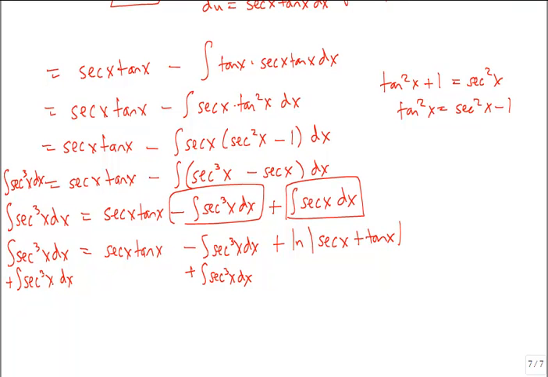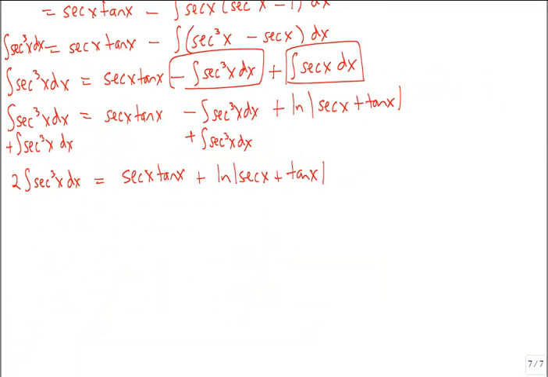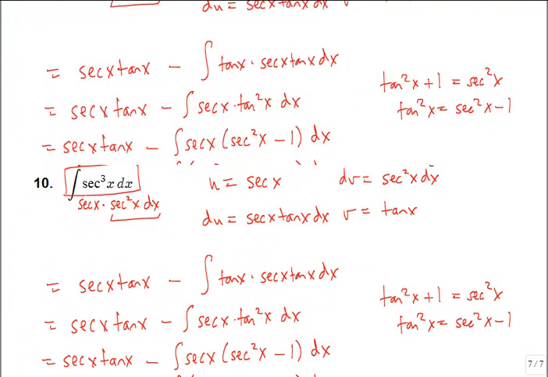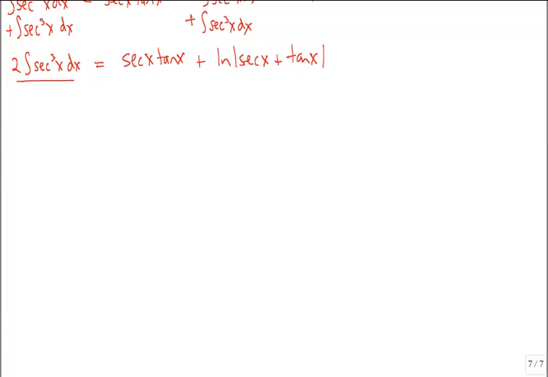So the integral of secant cubed plus the integral of secant cubed is 2 times the integral of secant cubed x dx. An apple plus an apple is 2 apples. So what we have now on the left-hand side is twice what we're looking to find. So how do I get rid of that 2? We just divide everything by 2.